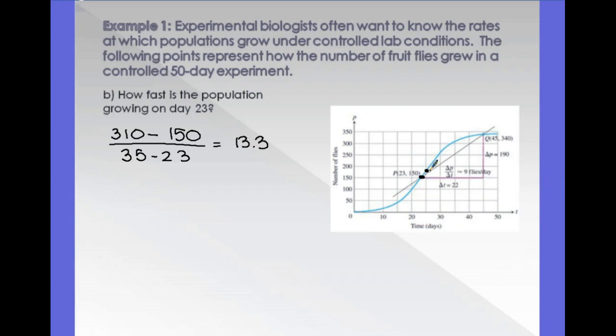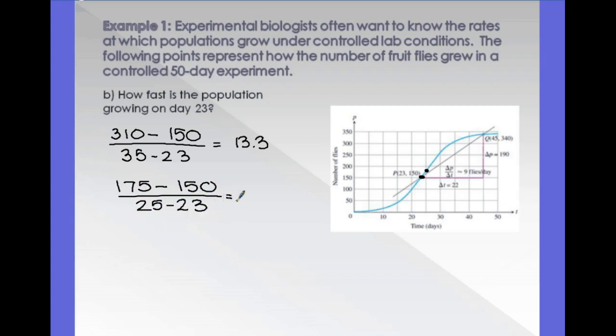So for day 25, I would predict that the population is almost right in the middle, about 175.